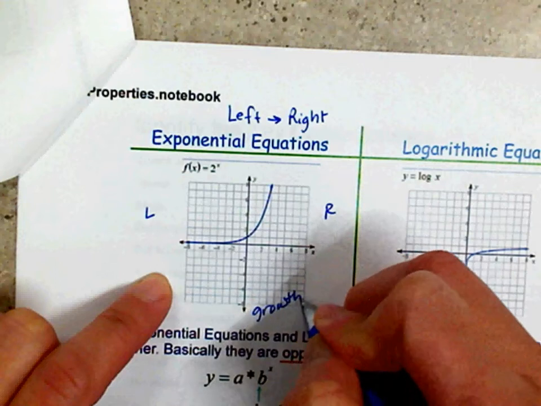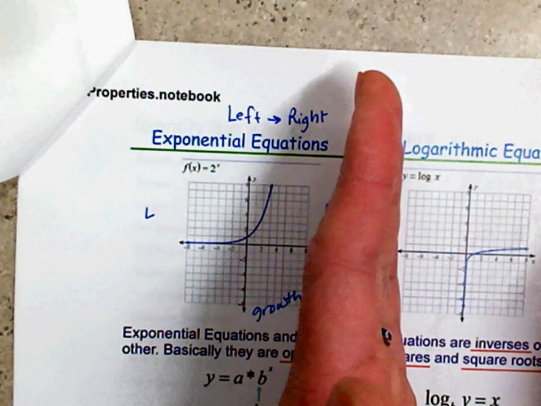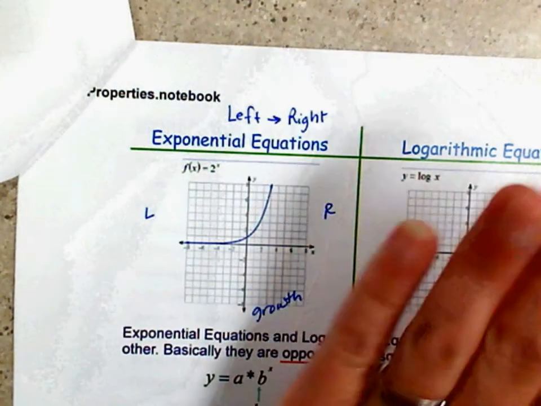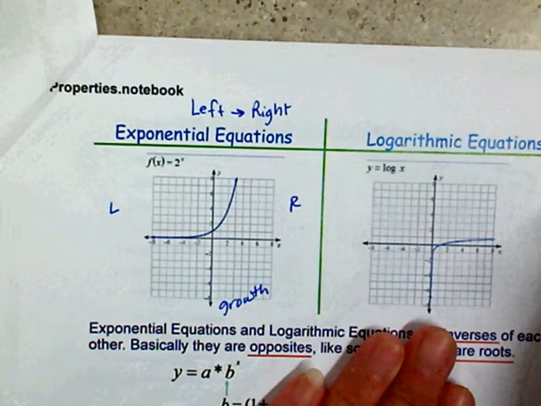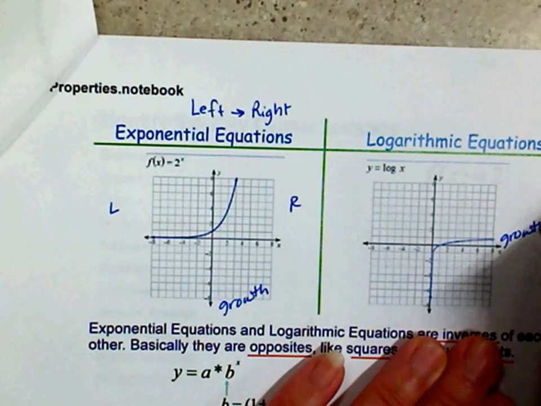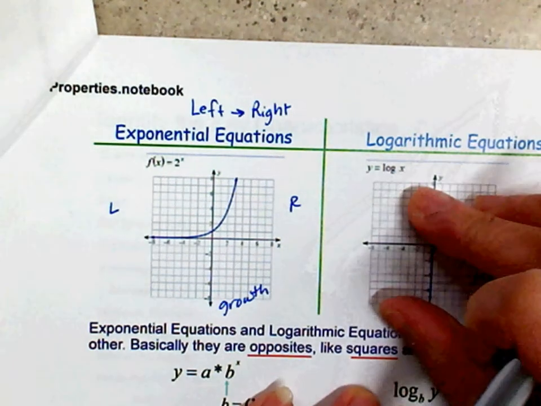Look at this one. This is a logarithm. As far as logarithm goes, this is also a growth. We're going to cover this in the next unit, but for now, this is a growth.